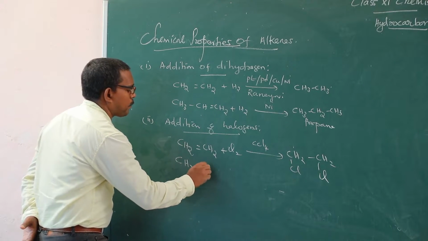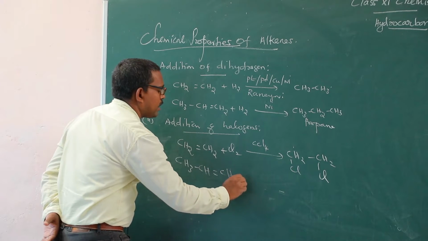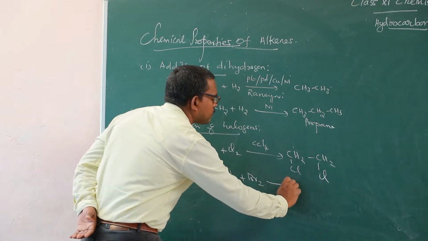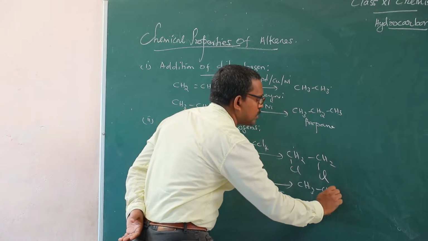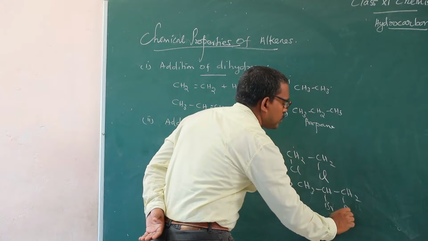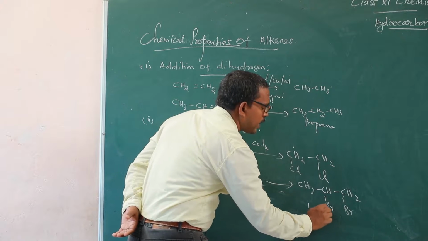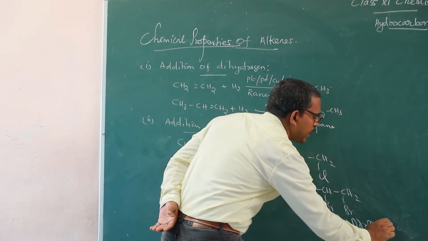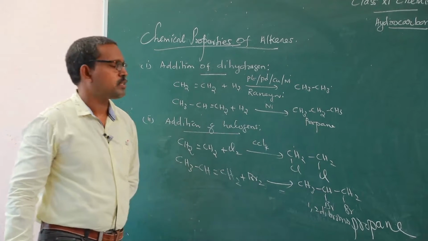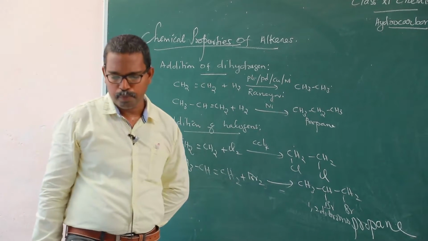Similarly, propylene reacts with bromine and gives CH3-CHBr-CH2Br, 1,2-dibromopropane as the product.